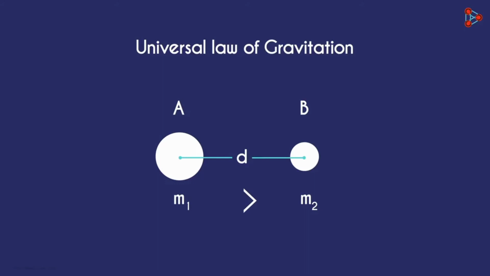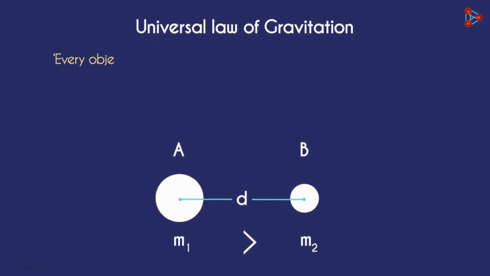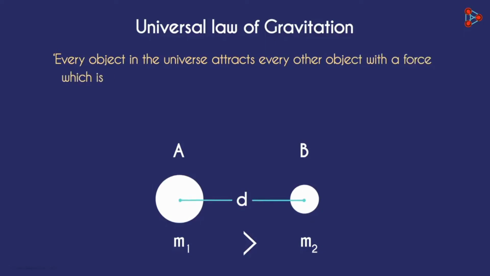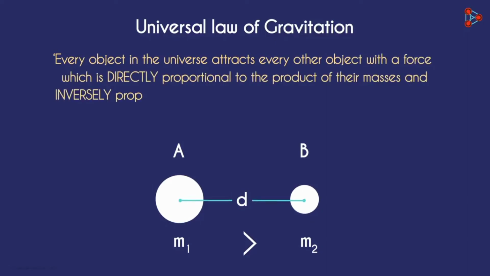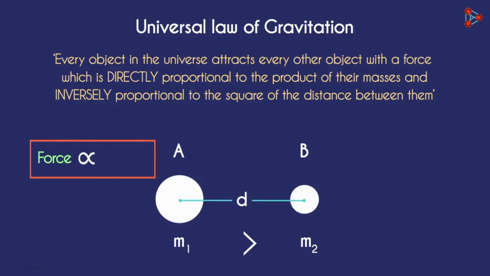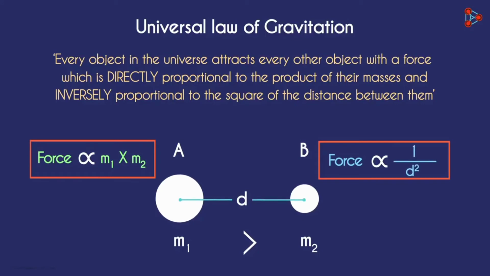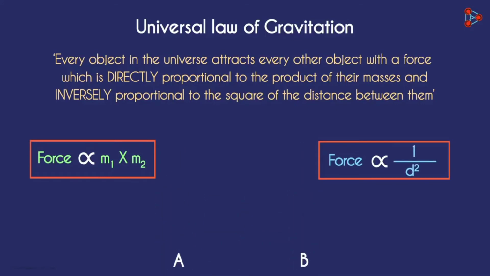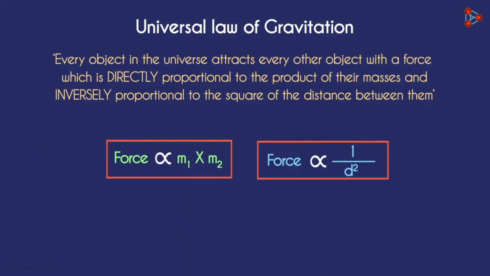The universal law of gravitation says that every object in the universe attracts every object with a force which is directly proportional to the product of their masses and inversely proportional to the square of the distance between them. With this data, we can write it mathematically.